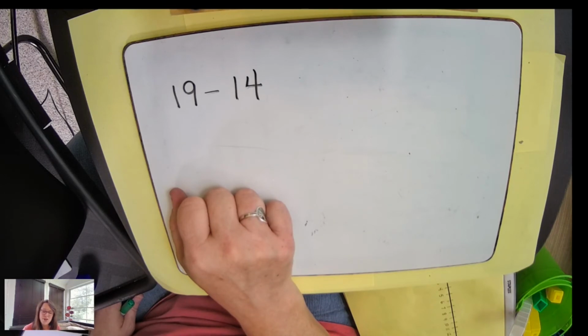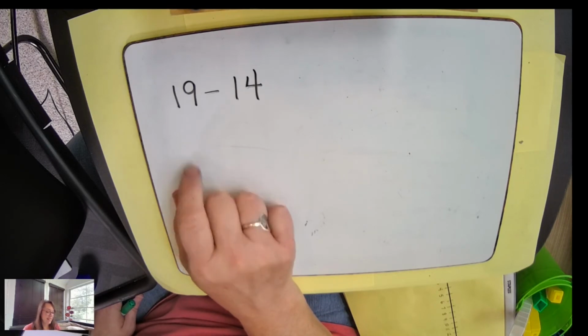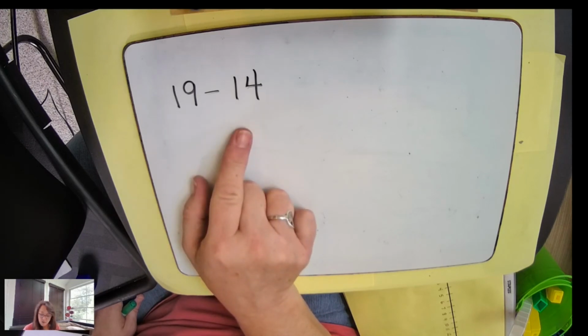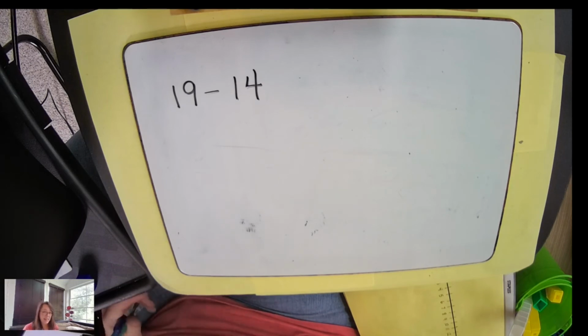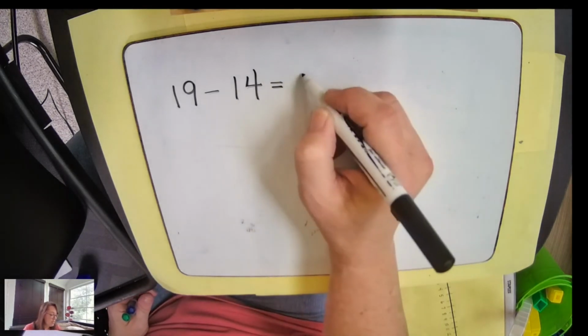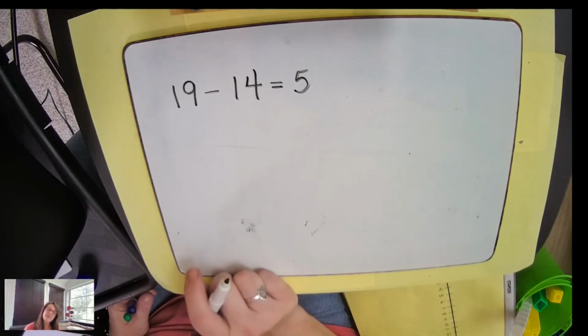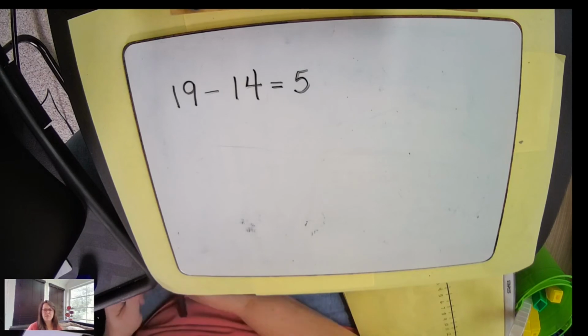Okay. What do you think the answer is to 19 minus 14? Susan. Susan says she thinks the answer is 5. Do we agree or disagree with 5? I see a lot of people agreeing that the answer is 5. Susan, tell us about how you solved this problem.